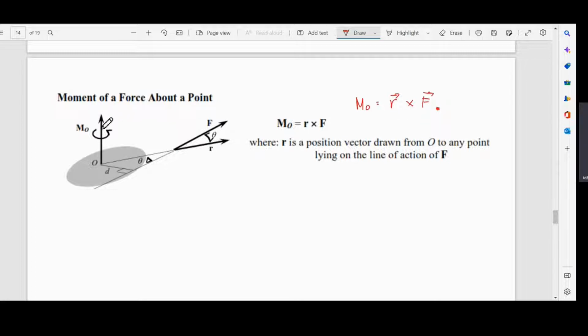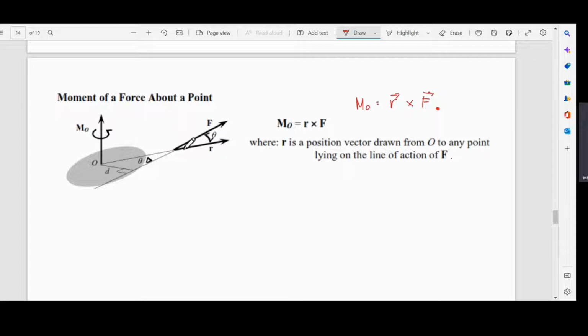So, we have here our illustration. This is our force F. The R is the position vector drawn from point O to any point lying on the line of action of F. Okay. So, ito yung ating force F natin.